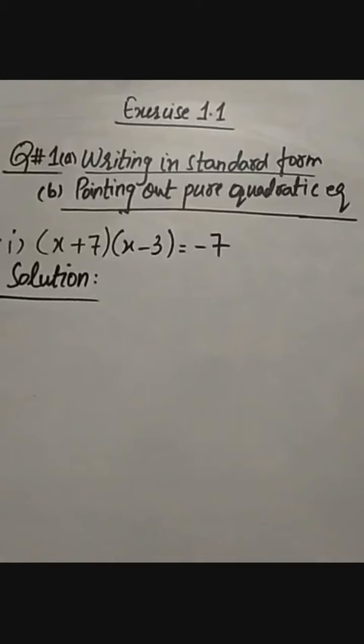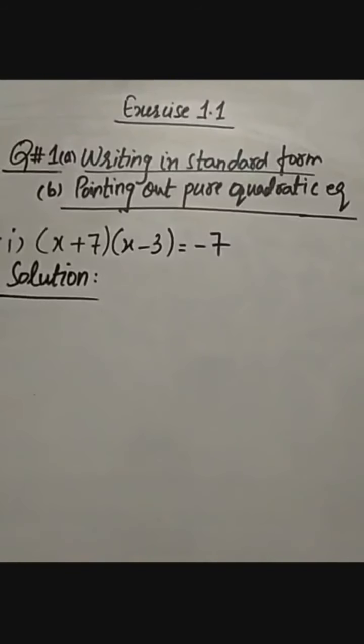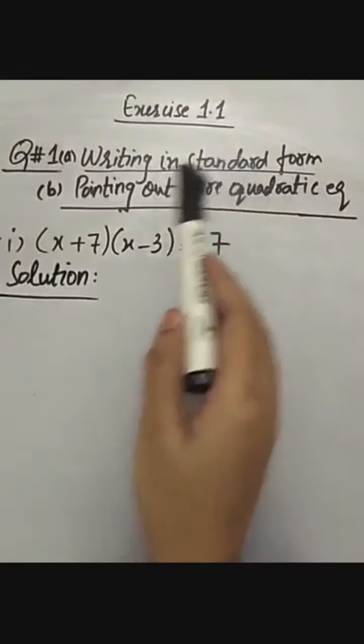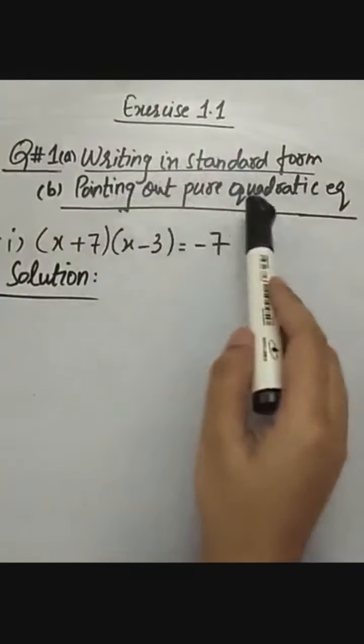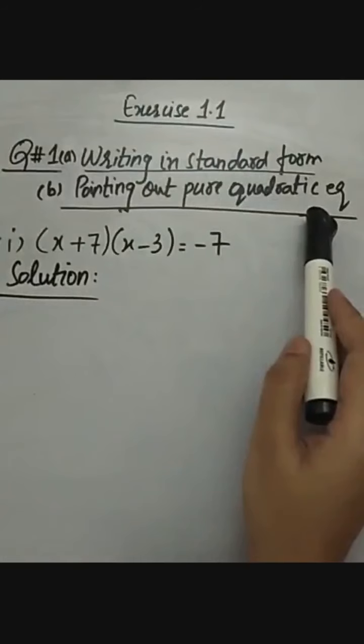Going to solve exercise 1.1 question number 1. What is question number 1? Question number 1 is writing the quadratic equation in standard form and then point out the pure quadratic equation. So in question number 1 we have to do two things.